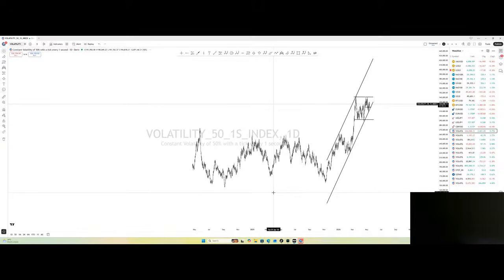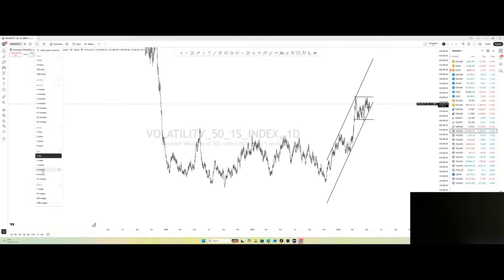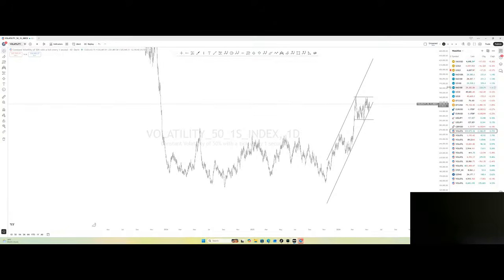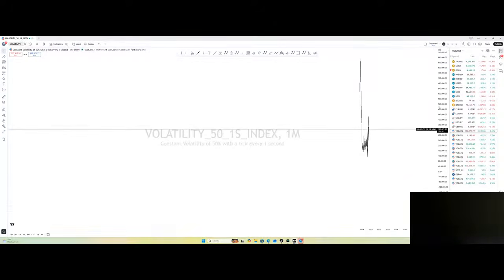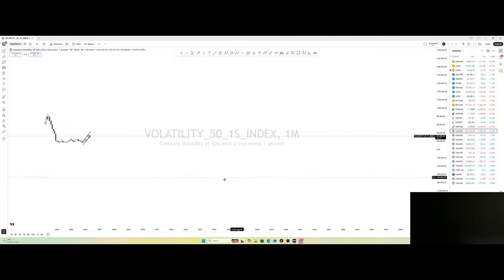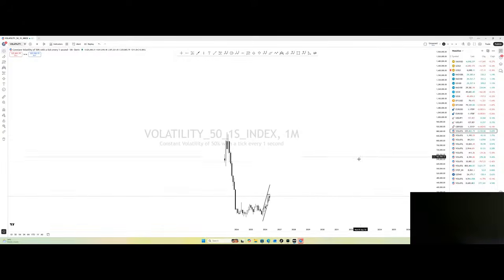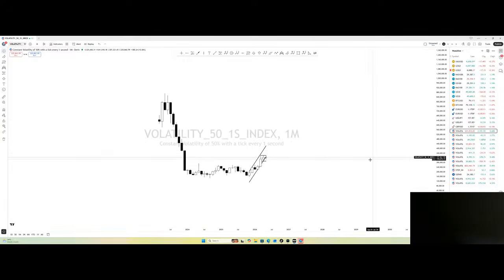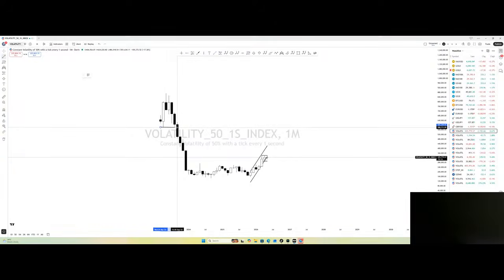51S, guys, looks like this. 51S in 1 month. Break of market structure. It's an impulse.